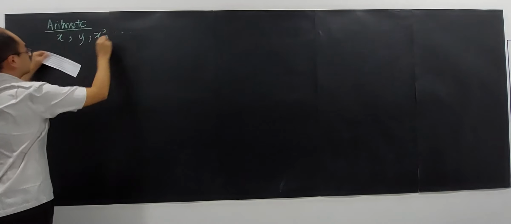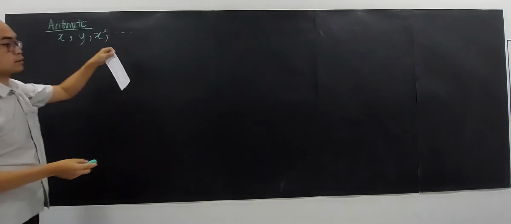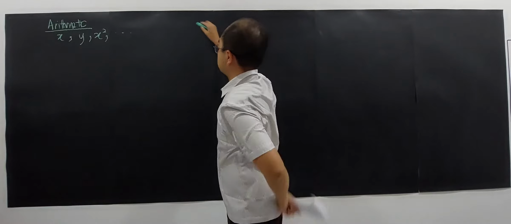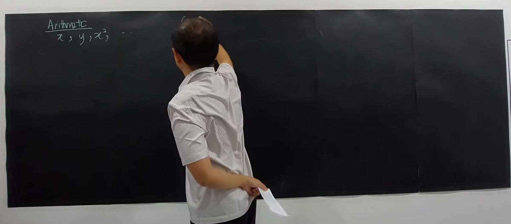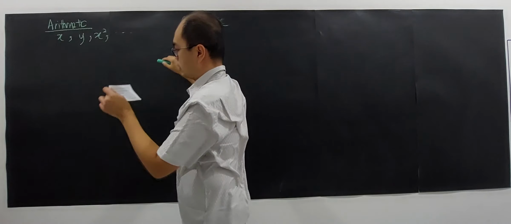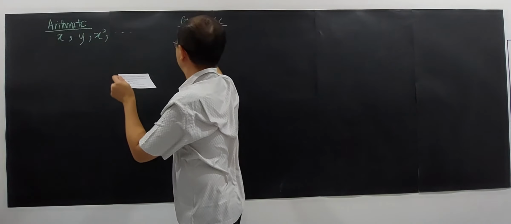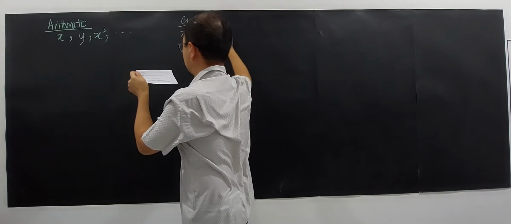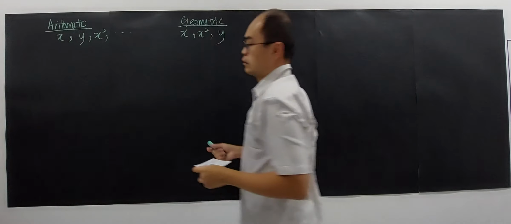The first, second, and third terms of a geometric progression, a geometric series or sequence, will be x squared and y.